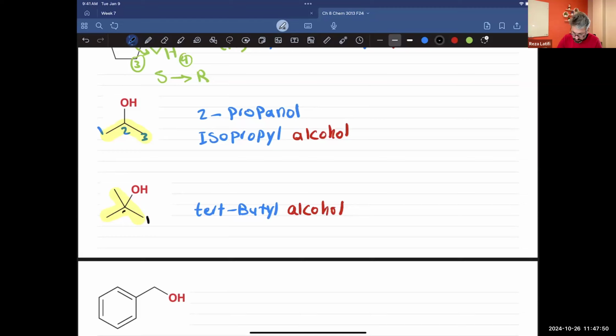How about this? 1, 2, 3. On the second, we have methyl. So let's call it 2-methyl. And then we say 2. We have 3 carbons. So this is going to be propanol.